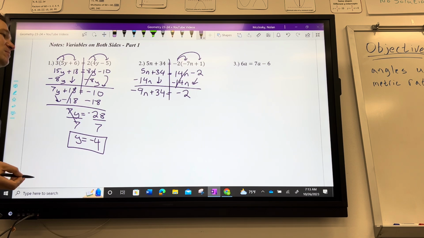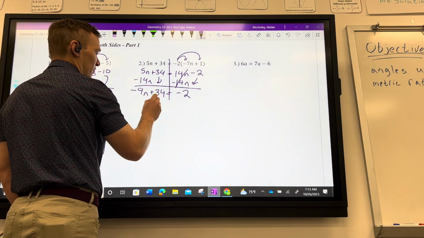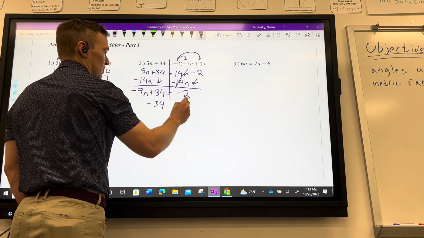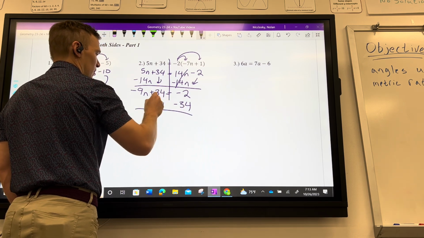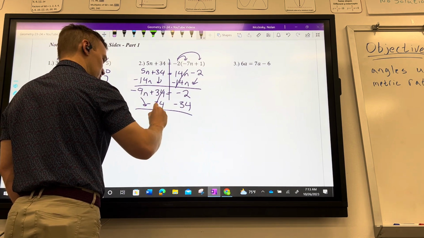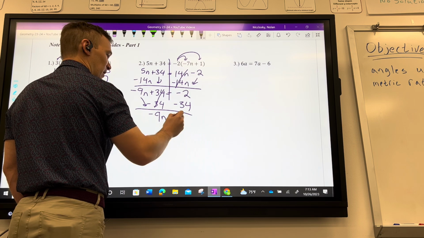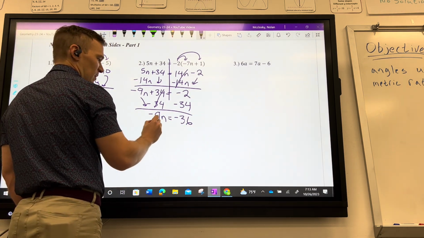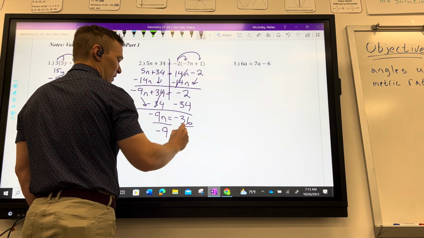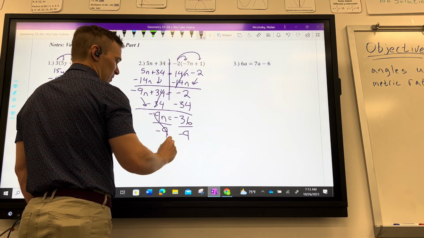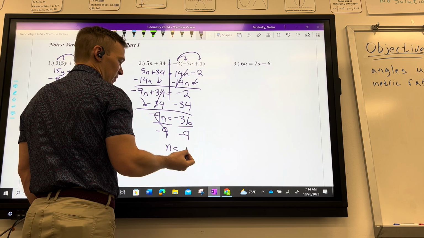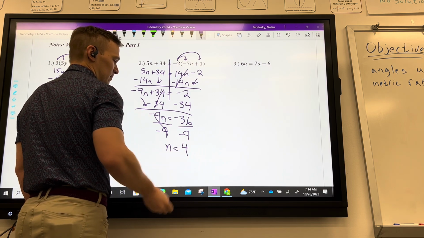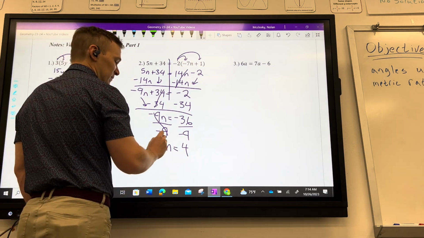Now we need to add or subtract something. We subtract the 34 from both sides. That cancels, the negative 9n drops, and negative 2 minus 34 is negative 36. Then we divide both sides by negative 9. Negative 36 divided by negative 9 is positive 4. So n is equal to positive 4.